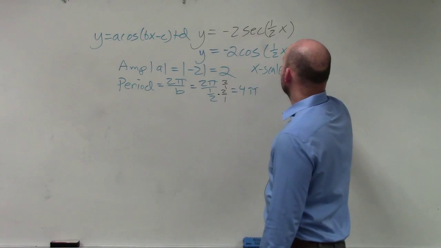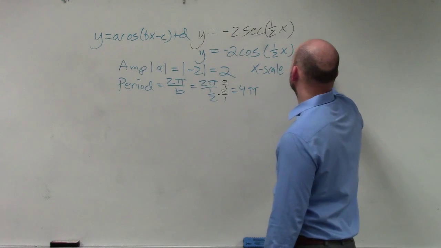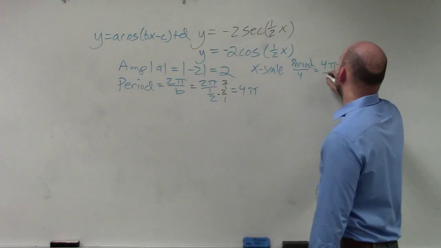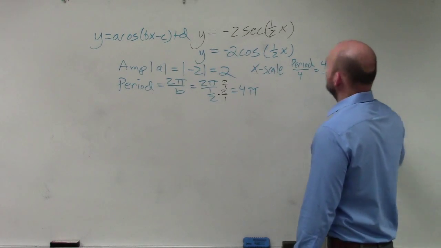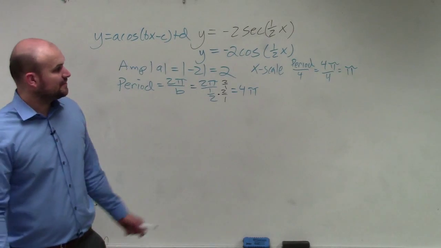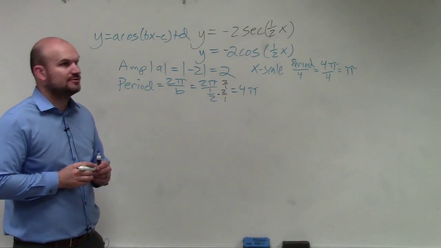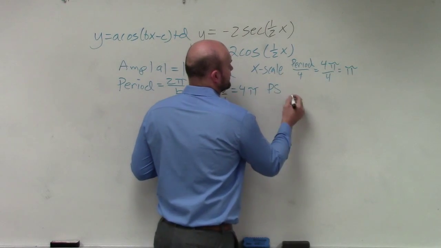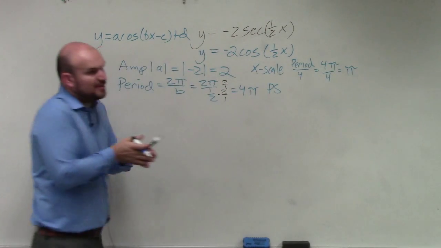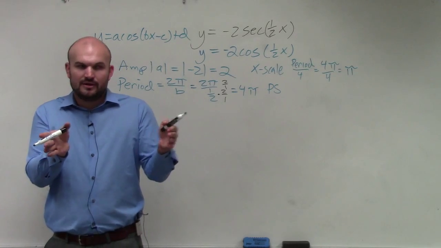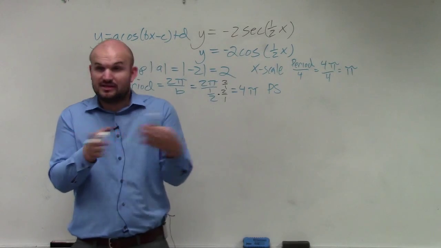The next thing is to find the x scale. All I need to do for the x scale is take my period and divide it by 4. So 4 pi divided by 4 is equal to pi. I would write these down if you did not remember these from the last part, because this is what we did 2 class periods ago. The next thing is to find the phase shift. If you remember, the initial period always started at 0, and if that starts somewhere else, then that's the phase shift.